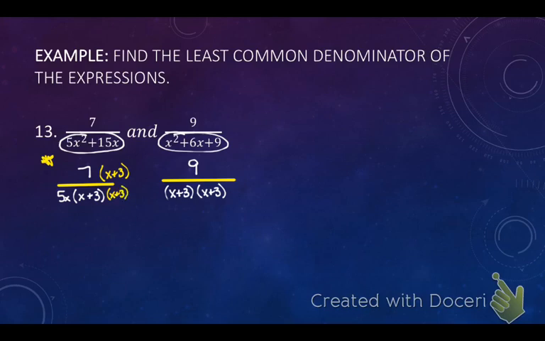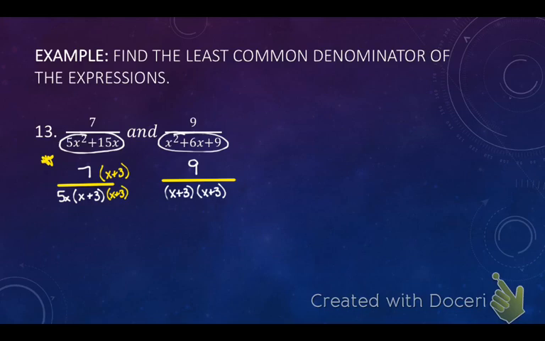I like to write it in different colors so we kind of know what I have. Now, does everything that I have in the second rational expression, do I have it in the first fraction right now? From the second one to the first one, not the first one to the second one.